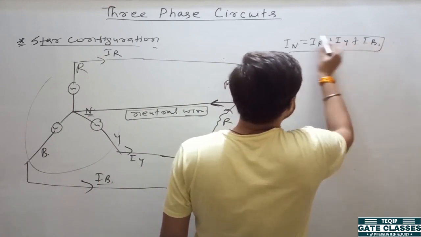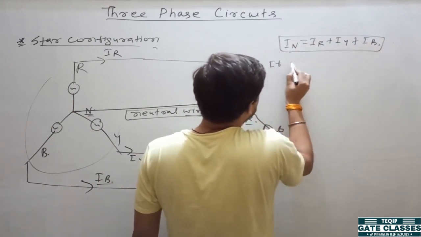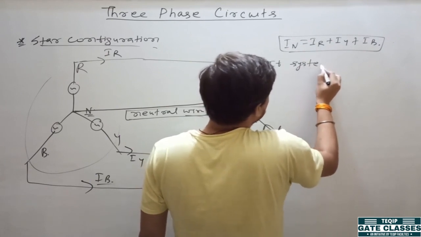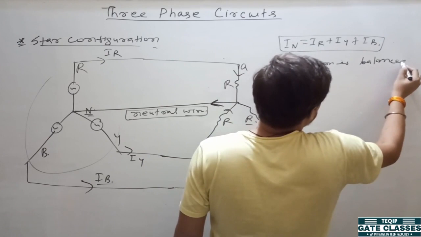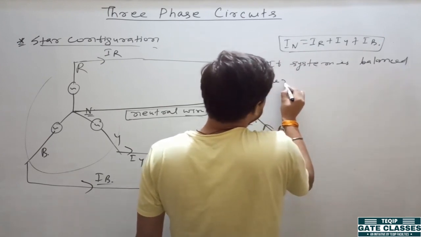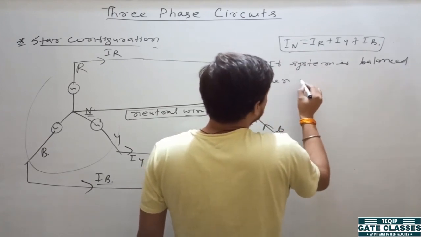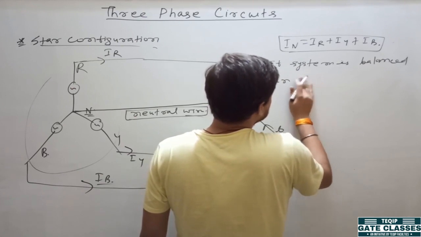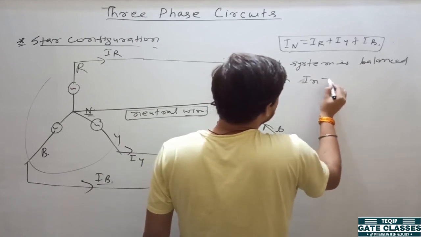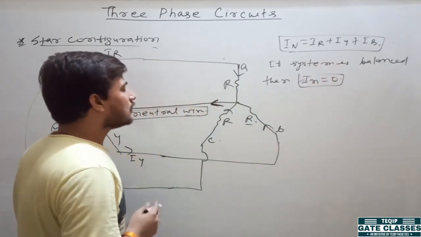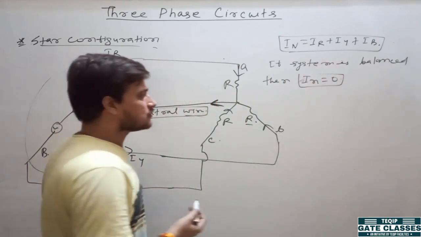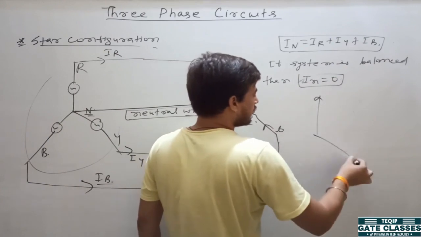But what happens if the system is balanced? Then the neutral current is 0. Then IN is equal to 0. How? Because IR plus IY plus IB will automatically become equal to 0 if you take the phasors IR, IY and IB.